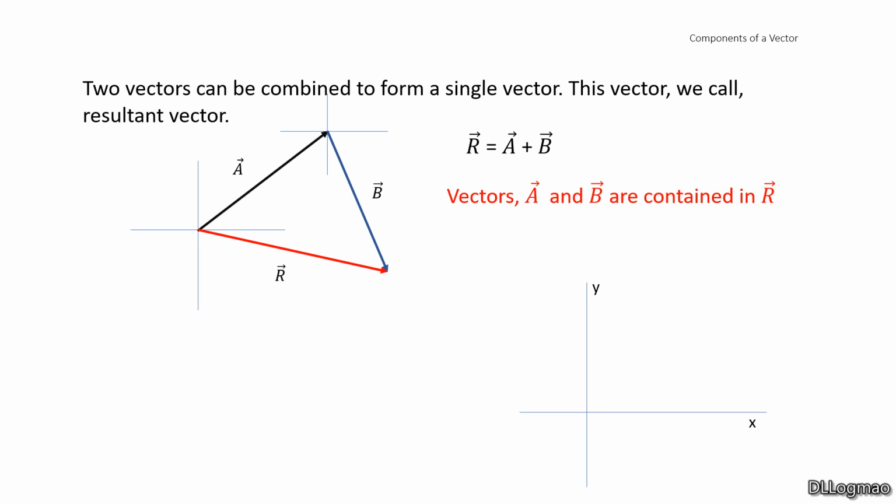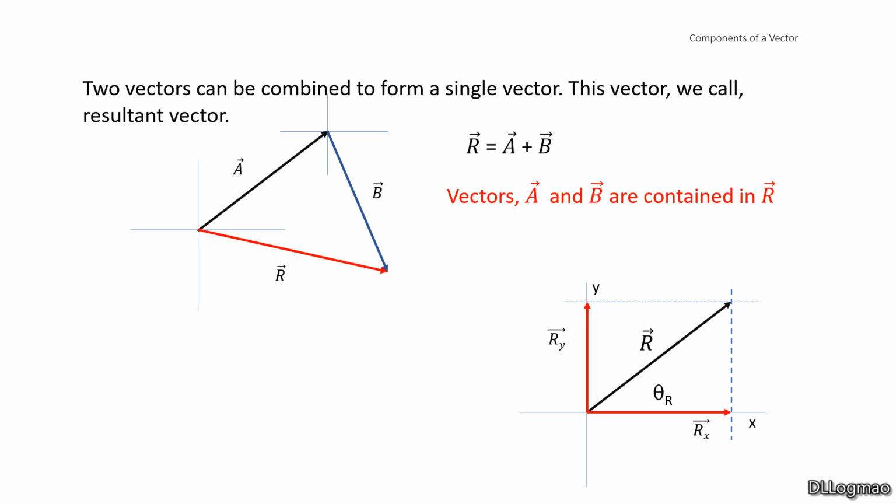What if you are given a vector like vector R, directed at theta sub r, acting on the first quadrant? By projecting to the positive y-axis, the component of r along the y-axis can be obtained. It can be called vector r sub y. And by projecting towards the positive x-axis, the component along the x-axis can be obtained.